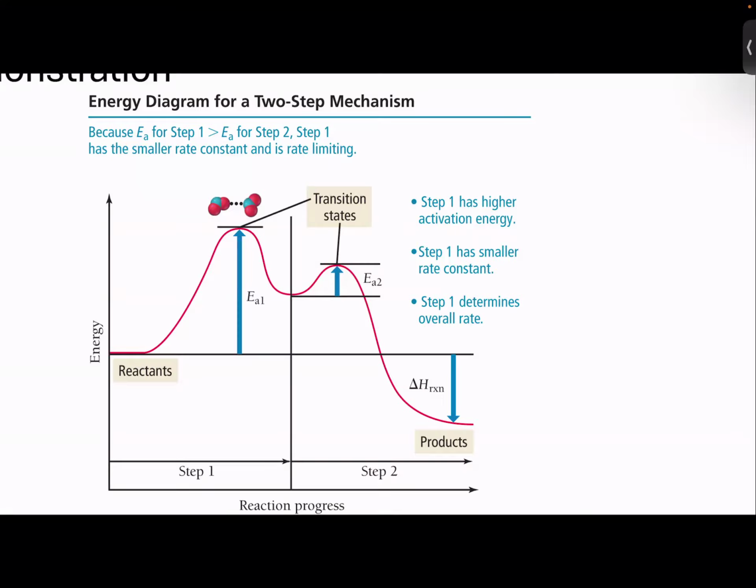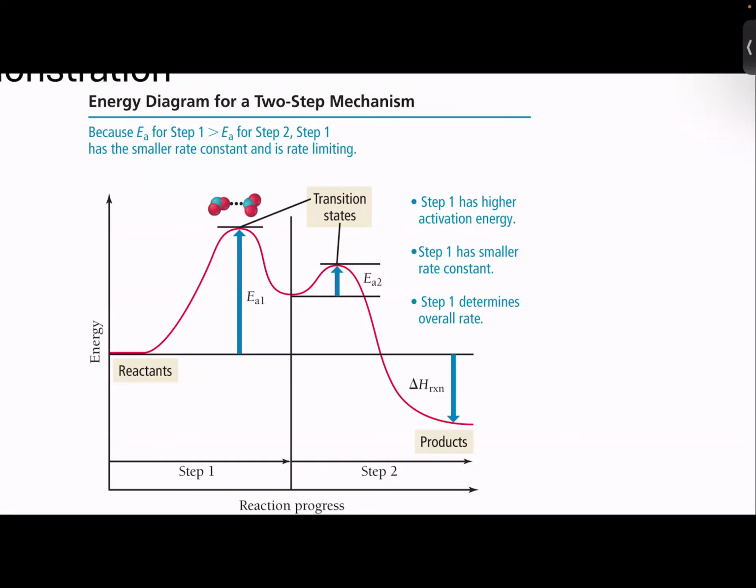Now, if you look at the previous reaction mechanism, it was a two-step mechanism. So that is why there are two humps to represent a two-step mechanism. If you look at the previous reaction mechanism, the first step was the slow step.